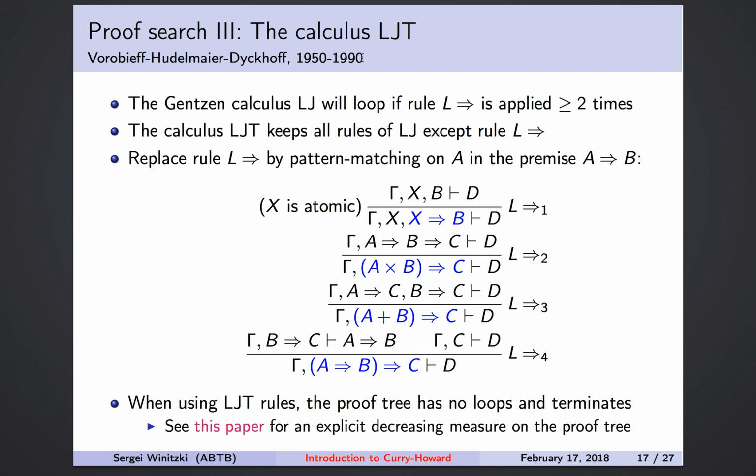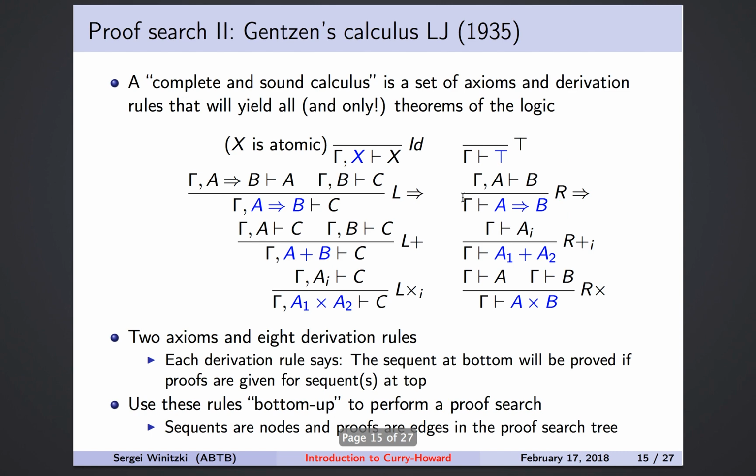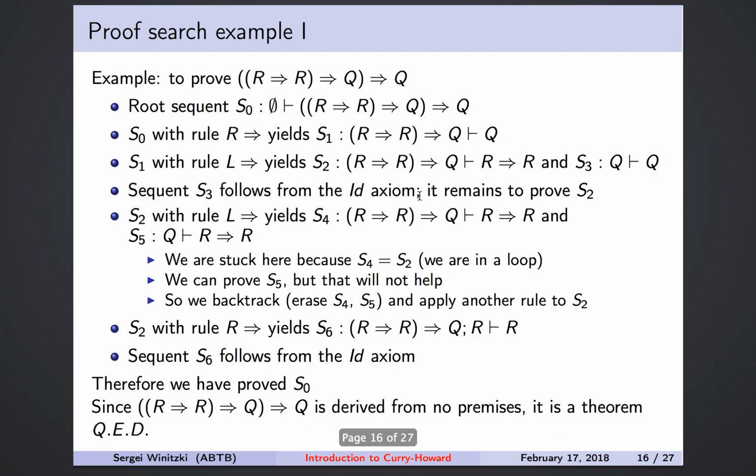Over this time they gradually discovered a new set of rules, called the calculus LJT, which cures this problem of looping. The way it cures this problem is by replacing the rule left implication with four new rules, which are listed here. All other rules are kept the same from this calculus, except the rule left implication, which is replaced.